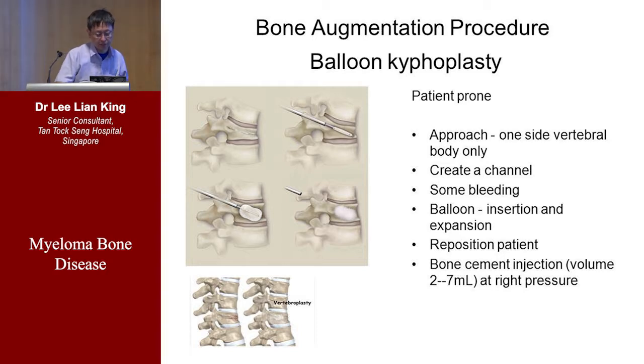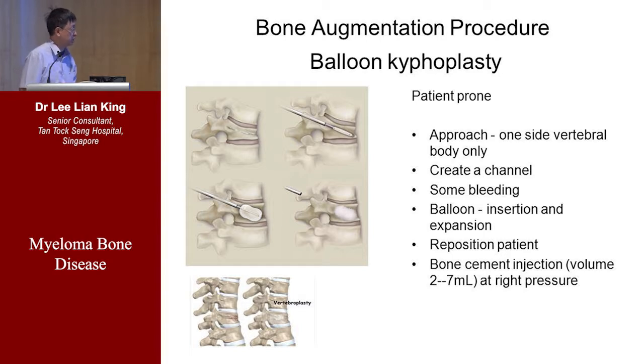Another orthopedic procedure is a bone augmentation procedure, and with this, the main aim is really to treat the pain, and in some circumstances, perhaps restore the structure and posture of the patient.